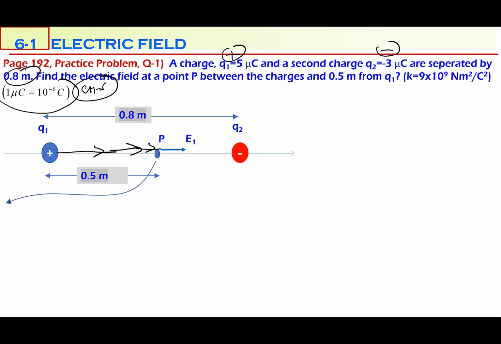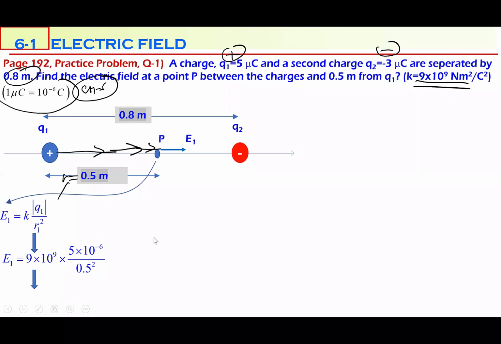Let's calculate how much E1 is. What is the equation for electric field? kQ over R1 squared. k is a constant. It's given; in chapter 5 it will be given. Q1 is also given, 5 microcoulomb, but I will convert it to coulomb. R1 is given, which is 0.5 meters, so I am going to write it into the equation. k is 9 times 10 to the power positive 9.